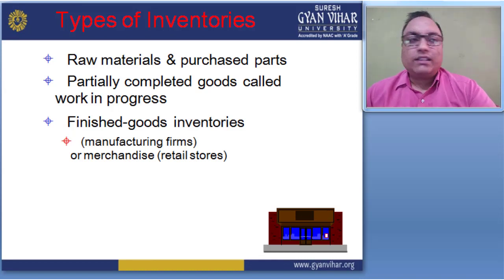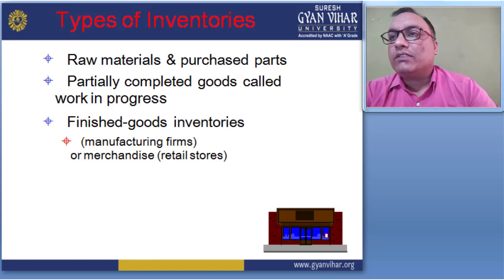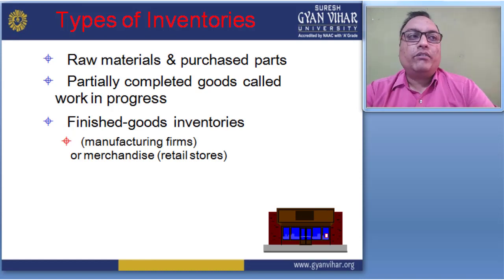These inventories depend on different kinds of factors, and these factors relate to dependent or independent demand. This is also divided into four categories: first is raw material, work in progress, finished goods, and merchandise.